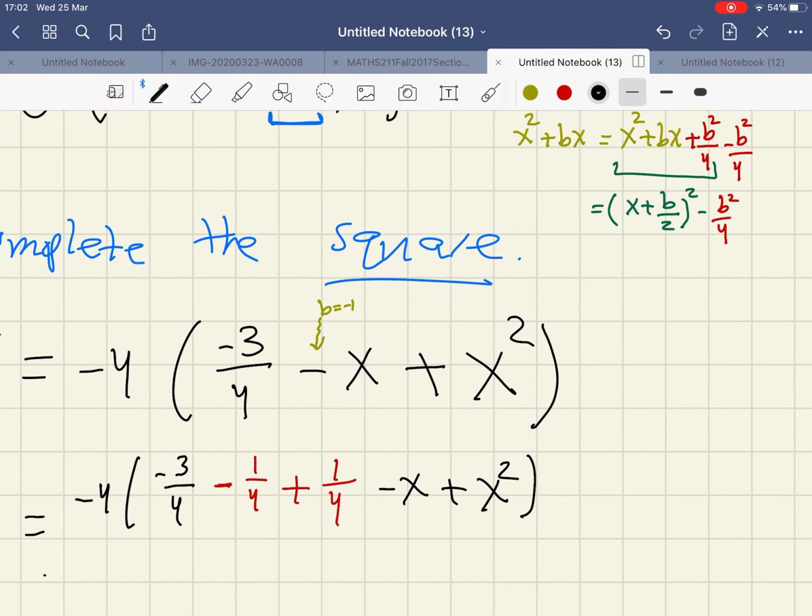The next step is negative 4, negative 3 over 4. The first one, we keep it. Now the second one, we need to complete the square. How do we complete the square? It should be x, and it should be b over 2, but b is this one. So that would be it.